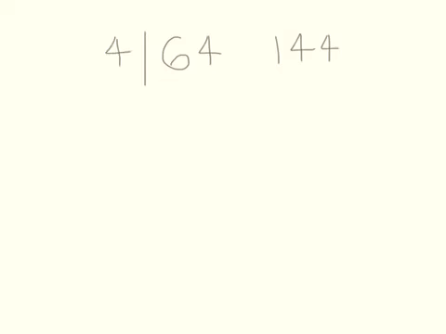4 goes into 64 16 times, and it goes into 144, 4 into 14 goes 3, remainder 2, 36 times. Now I look at those two numbers. What number goes into 16 that also goes into 36? Once again, 4 goes into those two, and I extend my line.